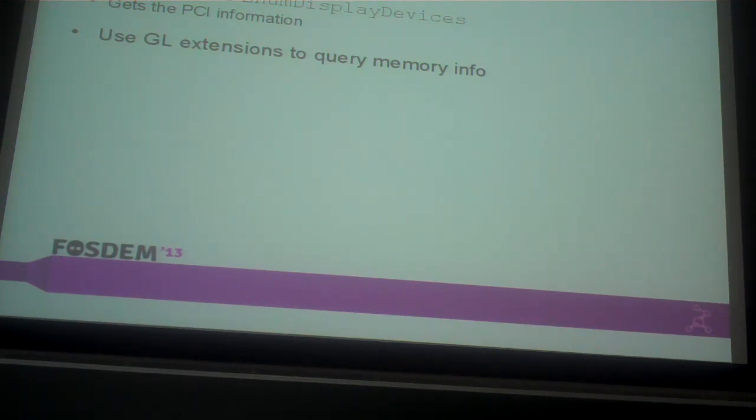That's one of the things a lot of the game developers I've talked to have asked me about: how are you going to advertise multi-GPU? Because they want to know when they're running in an SLI kind of configuration, because they have to do different things to use those effectively. And when they asked me that, I said, "Oh yeah, I forgot those exist."